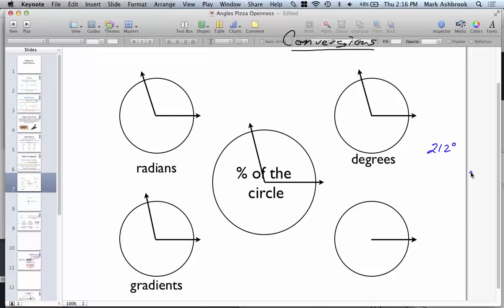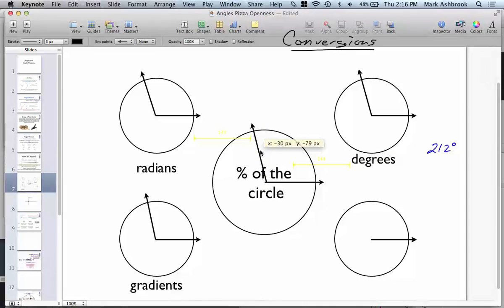First of all, let's estimate approximately where the terminal side would be. Everyone think to yourself, where should I put the terminal side of this angle to represent 212 degrees?